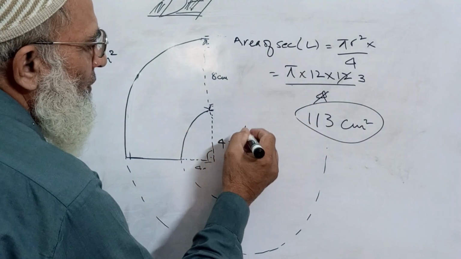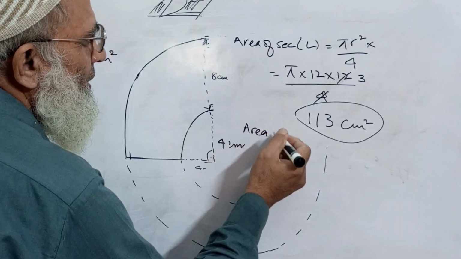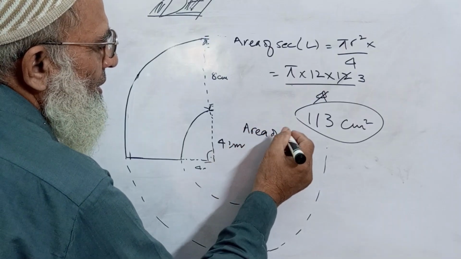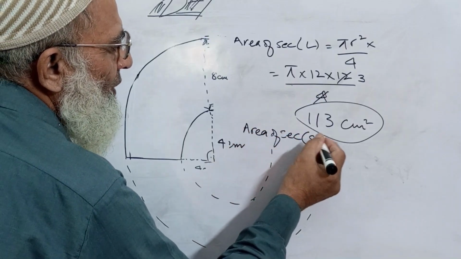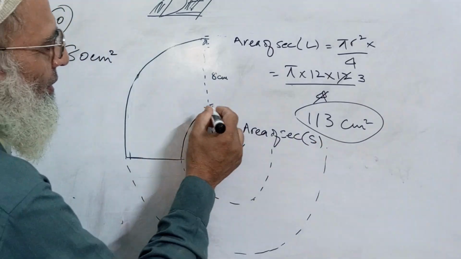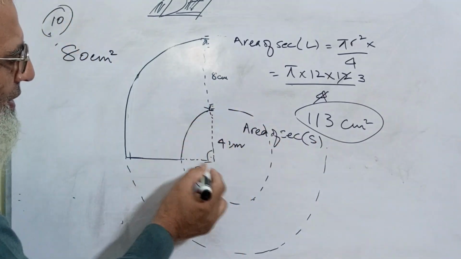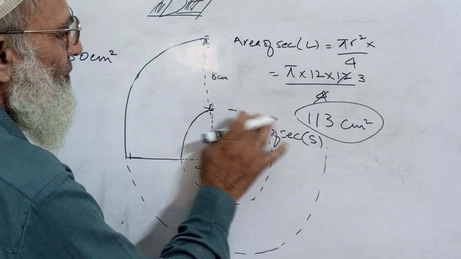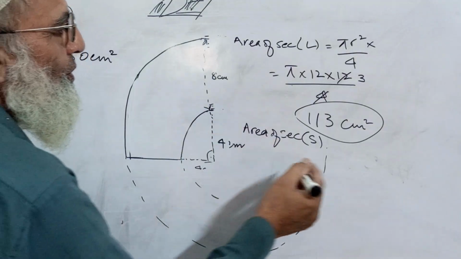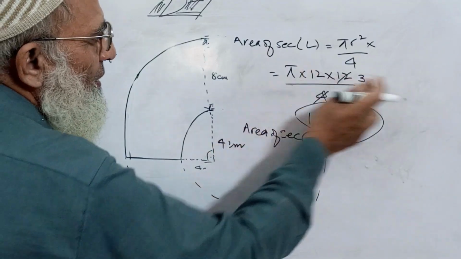Now, area of the smaller sector, this arc only. So it is 4 centimeter.